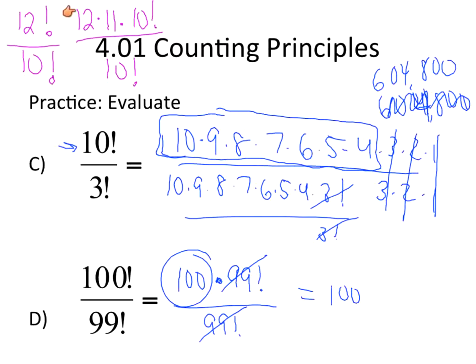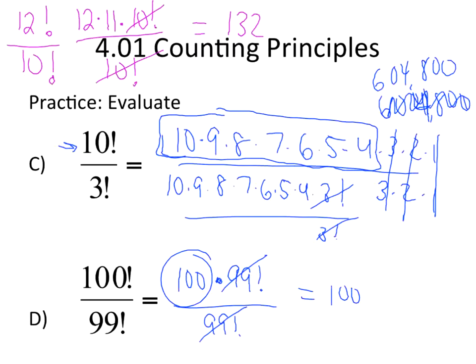So on top, you should have written 12 times 11 times 10 factorial. On the bottom, you have 10 factorial. So your 2 factorials go away, so you're left with 12 times 11, which is what? 132. Okay, good job.